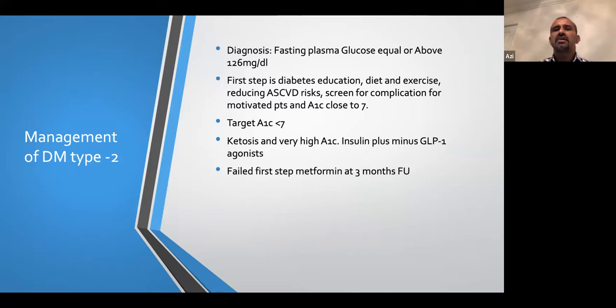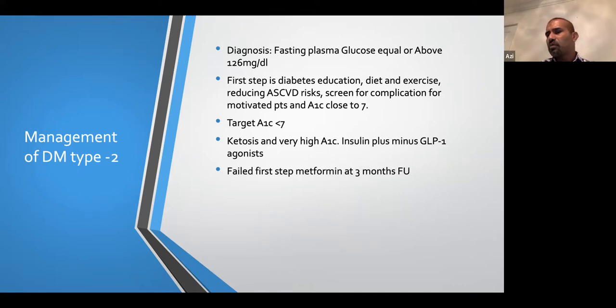Target A1C is less than 7. That should be a target. If we compare the A1C level, the equivalent plasma glucose is usually around 150 or more. So therefore, what we want to keep is under 150, and roughly that would be our A1C level of 7.